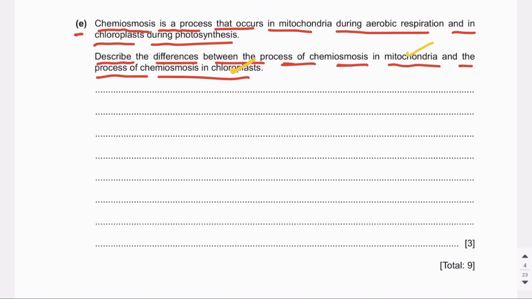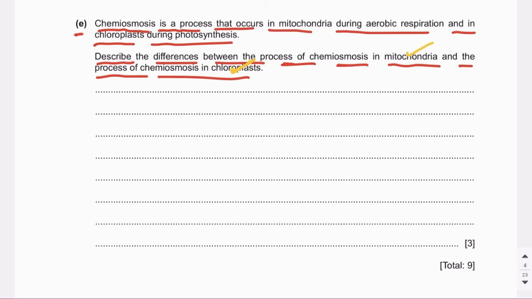In mitochondria, the final acceptor of electrons and protons is oxygen, whereas in chloroplast, the final acceptor is NADP, which makes reduced NADP. So in mitochondria, water is formed when oxygen picks up electrons and protons, whereas in chloroplast, reduced NADP is produced when NADP picks up electrons and protons.